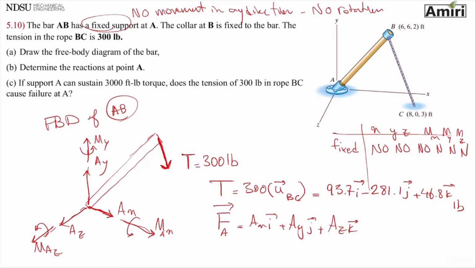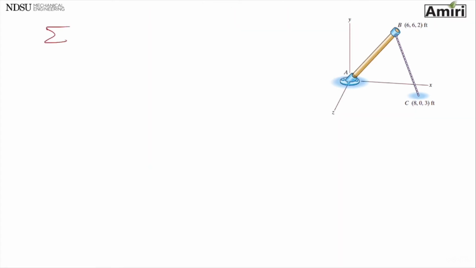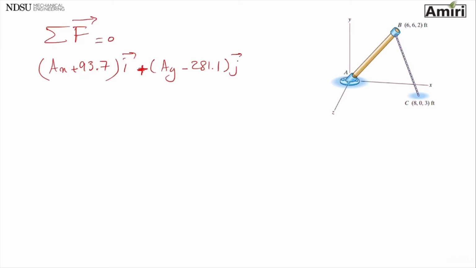With that, let's write summation of forces in vector format equals 0. So that means AX plus 93.7 I plus AY minus 281.1 J plus AZ plus 46.8 K equals 0.